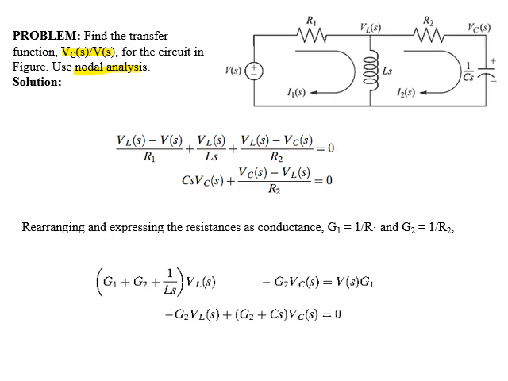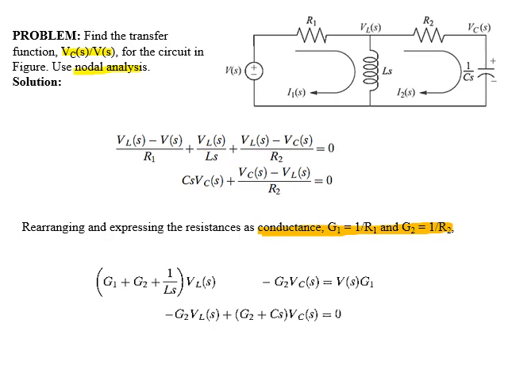In case of nodal analysis, we'll find the admittance of each component present in this circuit. In case of resistance, we'll be using conductance, which is represented by G and is equal to 1 over R.